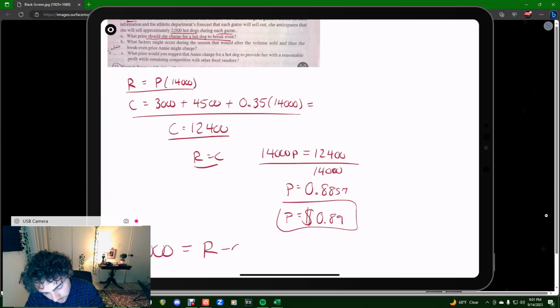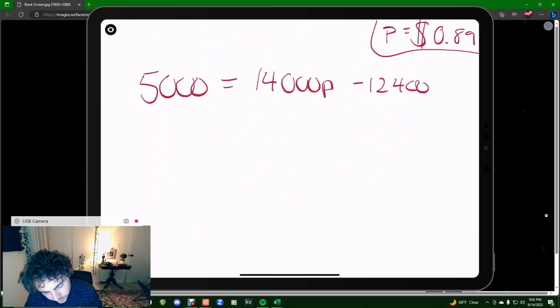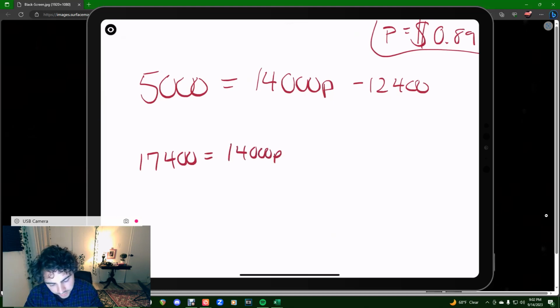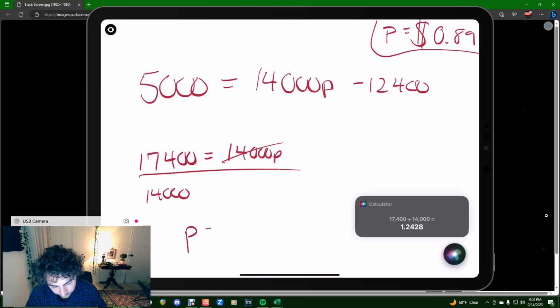Then we think about profit being revenue minus cost. So we plug in the revenue still as 14,000 P minus the 12,400, and solve for P. We add the 12,400, so we get 17,400 equals 14,000 P, and then we divide by 14,000 to get P by itself. 17,400 divided by 14,000 is approximately 1.2428, so about $1.24.